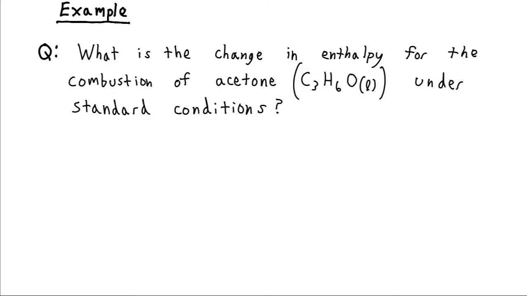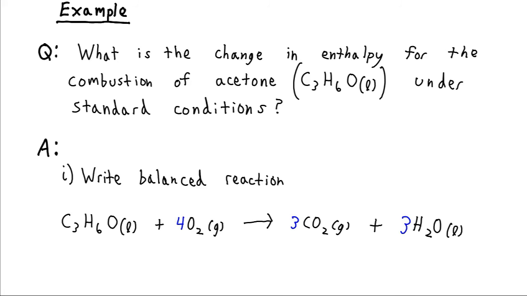Let's say that we want to figure out what the change in enthalpy is when we combust acetone, what makes up nail polish remover, under standard conditions, so our 298 kelvins and our 1 atmosphere pressures and 1 molar concentrations. Well, the first thing that we're going to need here is a balanced reaction. So we're combusting our acetone with oxygen.